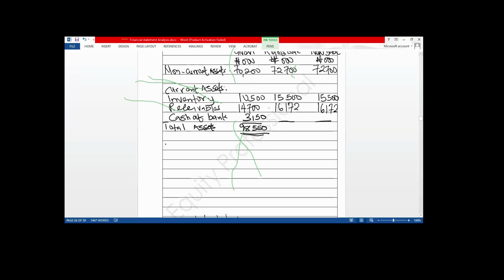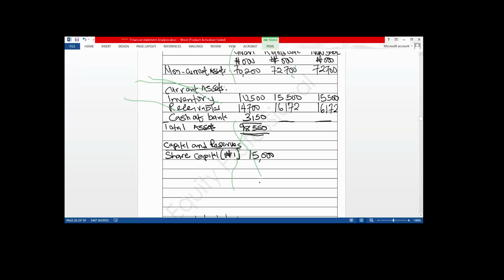Next, come to your capital and reserves. Under it, you have the share capital, ₦1 nominal value. For 2017, the total amount is 15,000.